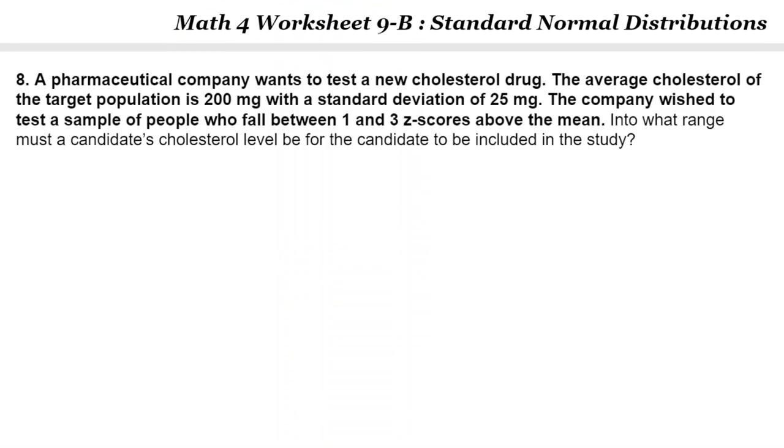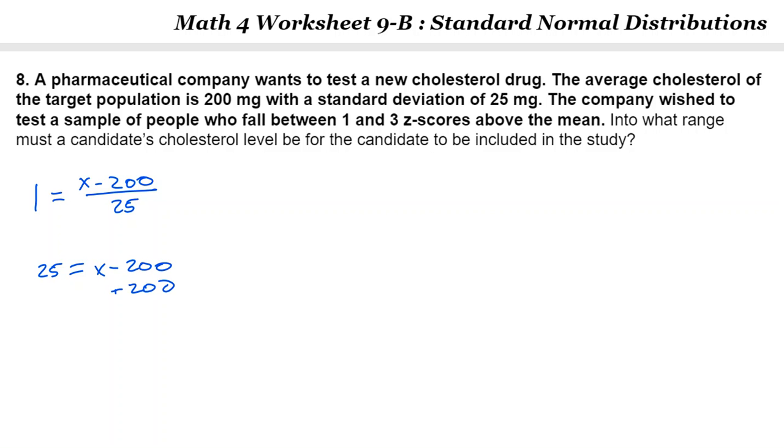All right, they've got a mean and a standard deviation. They want to test a sample who fall between 1 and 3 z-scores above the mean. So we're going to need to figure out both of those. We're going to need to figure out 1. Standard deviation is 25. Multiply both sides by 25. I get that.